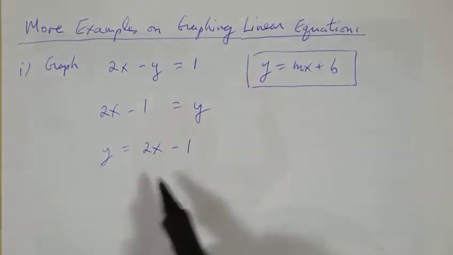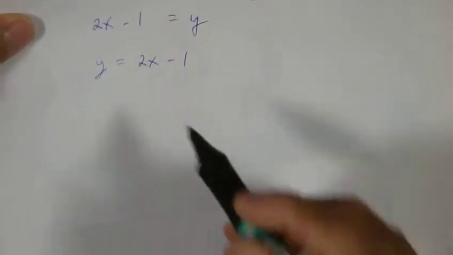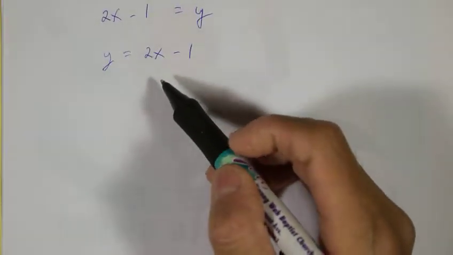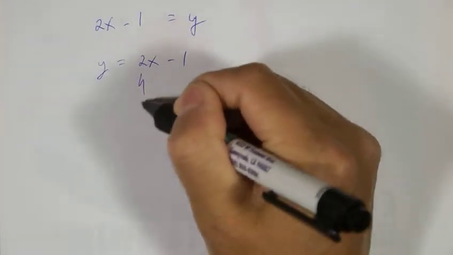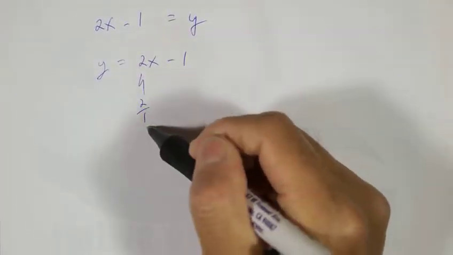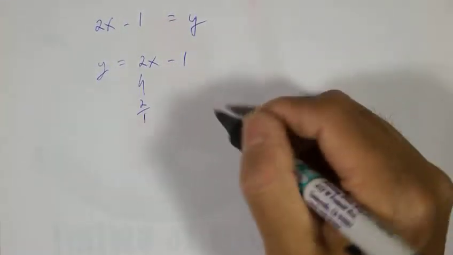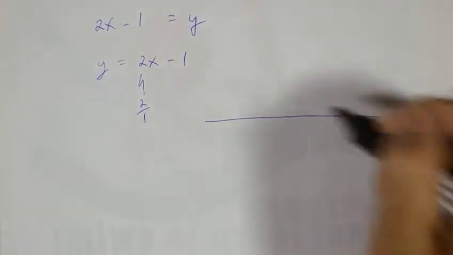So let me use this example to demonstrate what I mean by the slope. I have 2 here, so I have 2 over 1 as a slope, rise over run, and the y-intercept is minus 1. Let me draw the Cartesian plane.